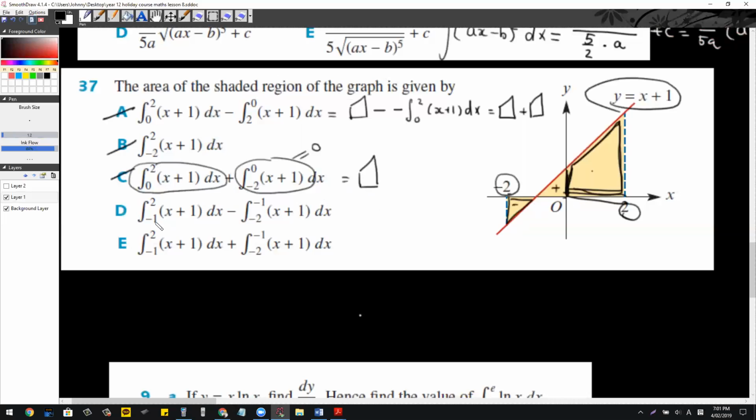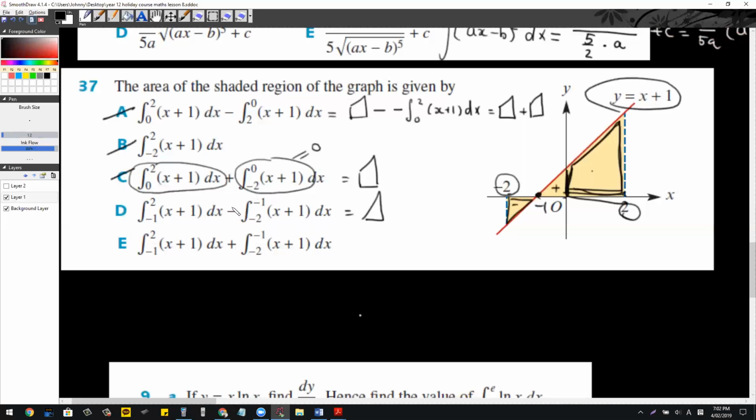D, -1 to 2. That's right. So that's going to be the big triangle, minus, that's interesting, -2 to -1. So yeah, it's down to D and E, right?